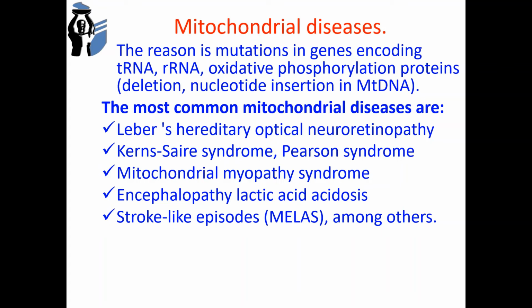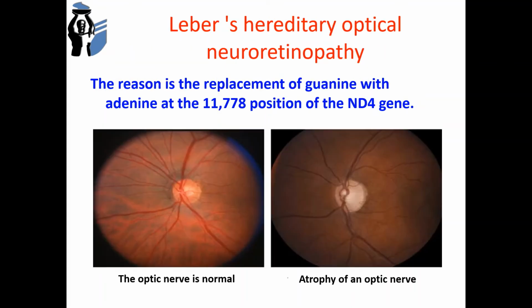Let's speak about Leber's hereditary optic neuroretinopathy, for example. The reason for this disease is the replacement of guanine with adenine at the same position of the ND4 gene. It leads to a severe loss of vision. On the screen you see the image of a normal optic nerve and atrophy of an optic nerve.